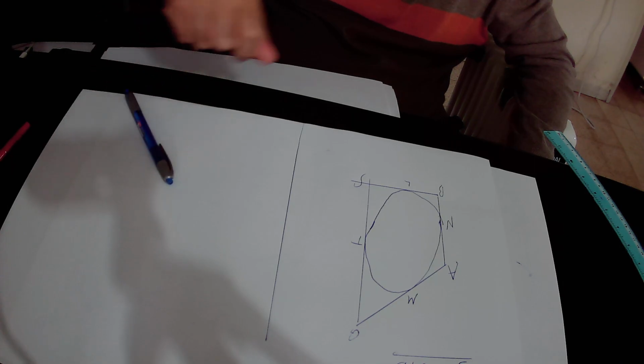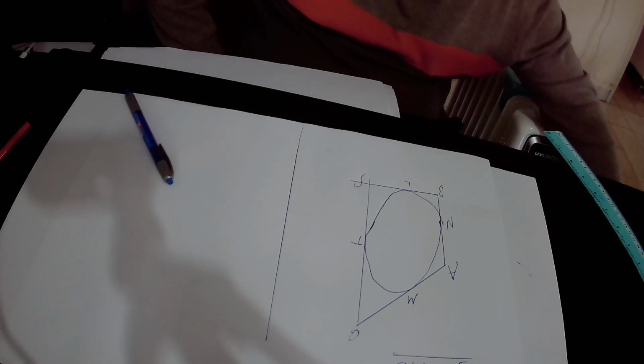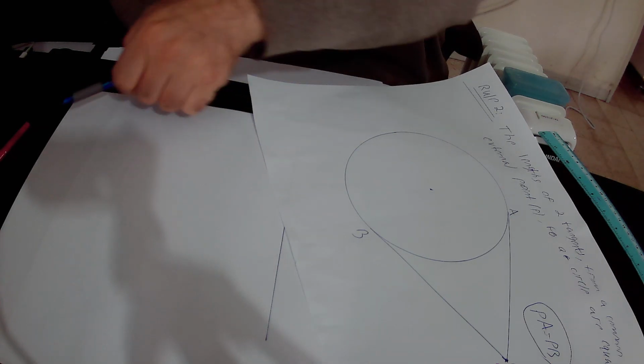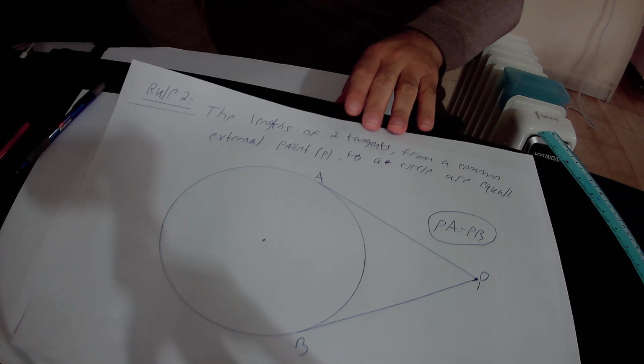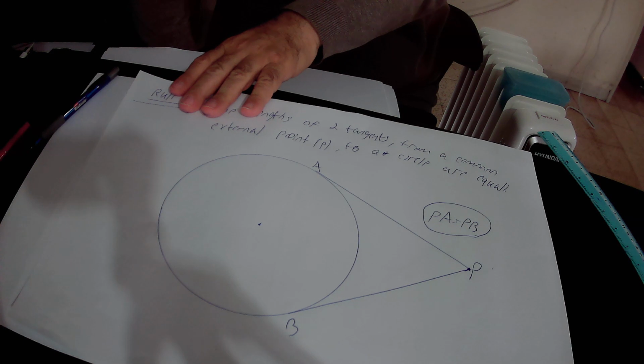In the next step, I present to you rule number 2, and you implement rule number 2 in our drawing. According to rule number 2, the lengths of two tangents from a common starting point to a circle are equal.